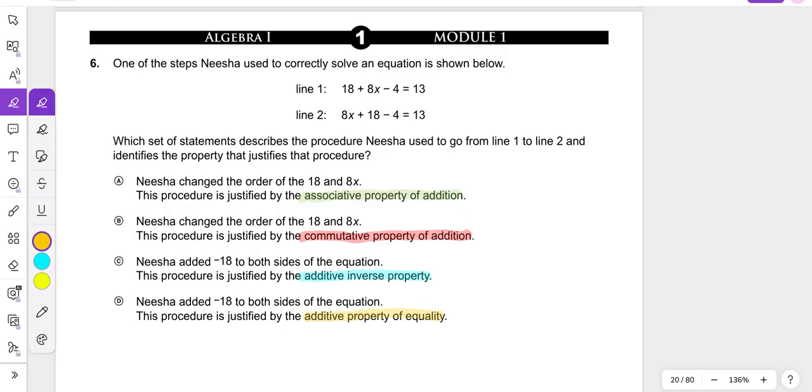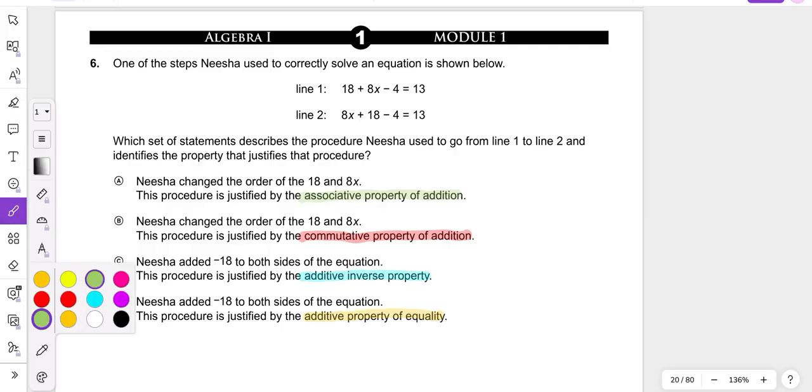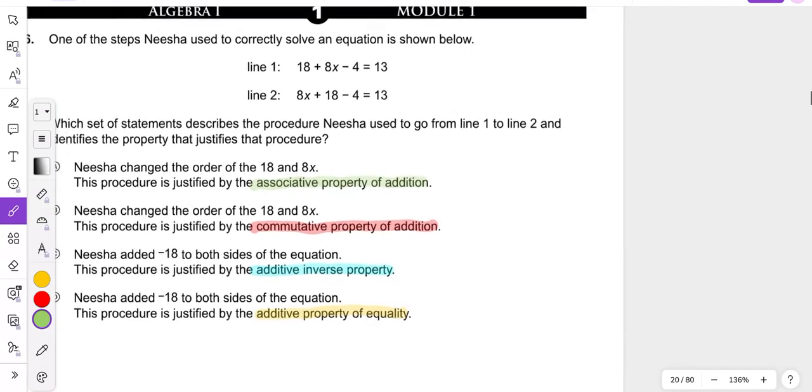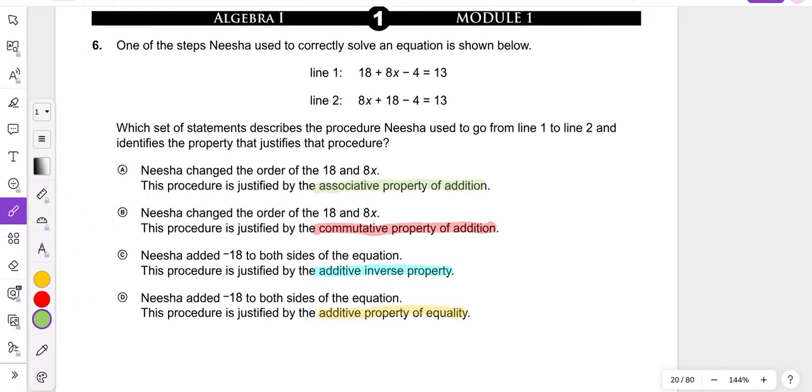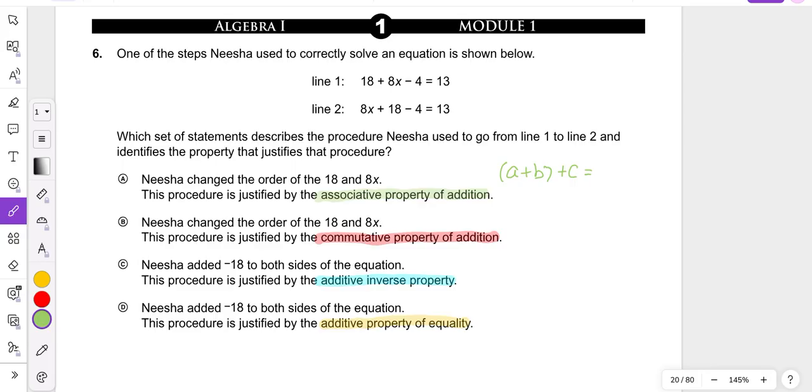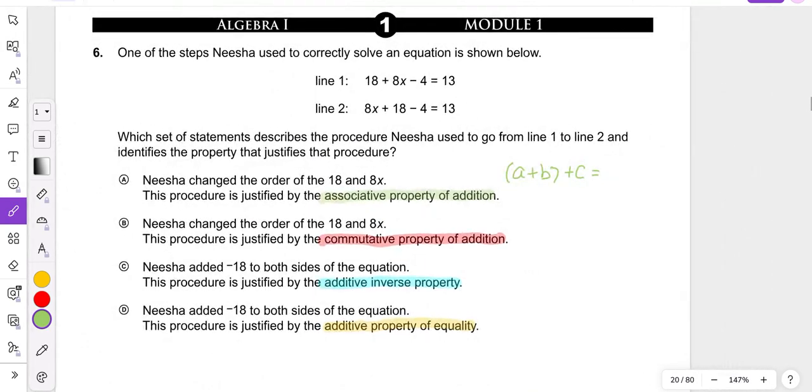if we look at what the associative property is in part A, and referencing the formula sheet, this would be A plus B plus C equals A plus B plus C. In part B, we have the commutative property of addition, again, based off the formula sheet.